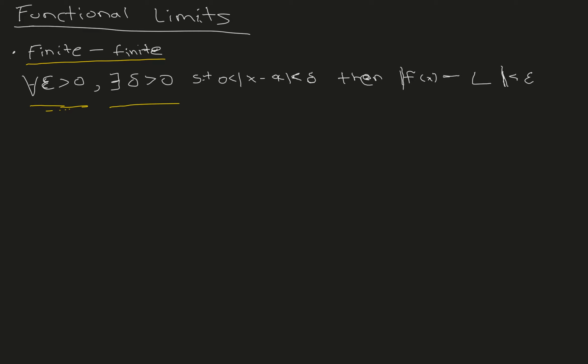So remember that n is a large value, but delta is a small value. So there exists a delta greater than 0 such that 0 is less than the modulus of x minus a, which is less than delta.